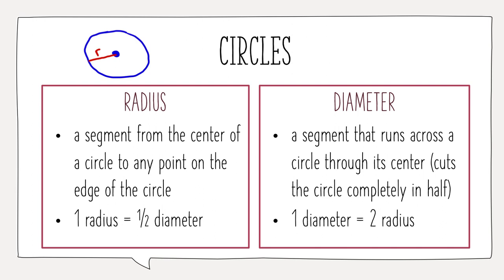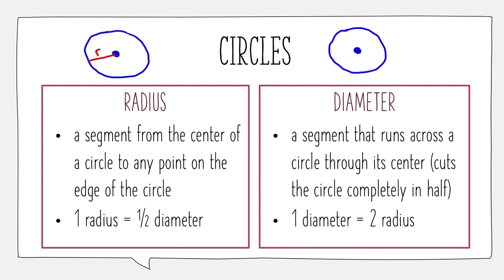Then on the other side, we have a diameter. So I'm going to draw another circle, as a picture usually is a lot better than words. And there's my center. And this says a diameter is a segment that runs across a circle through its center.